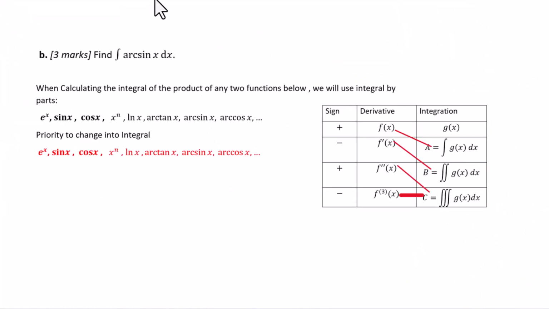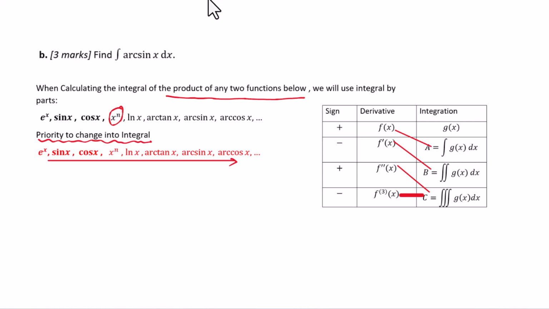Let's go over the tabular method. When calculating the integral of the product of any two functions below, we will use the tabular method. The priority to change it into an integral will be in this order.